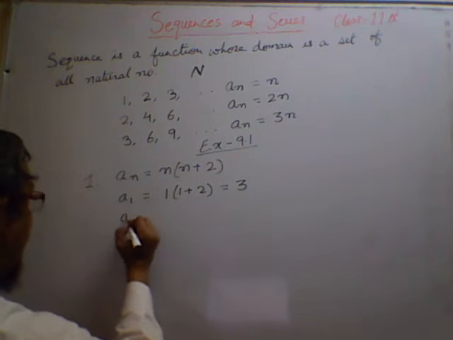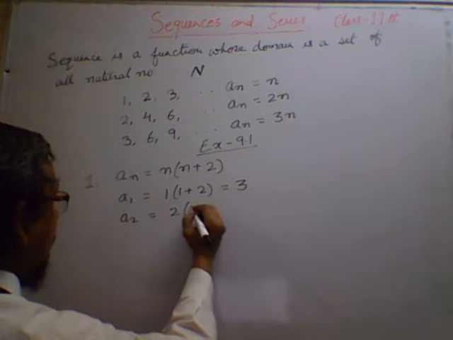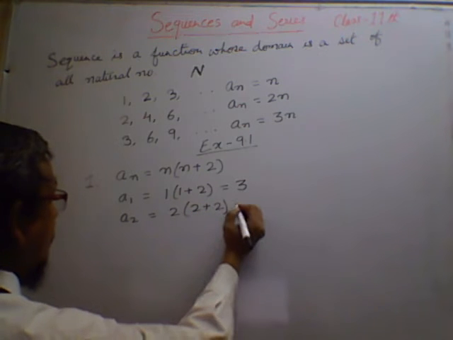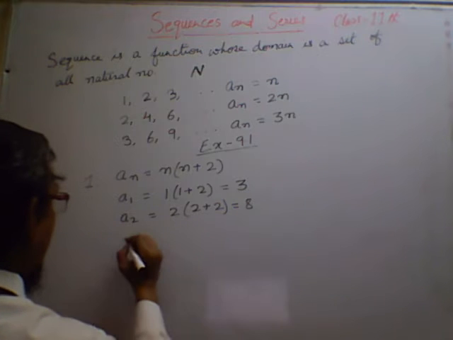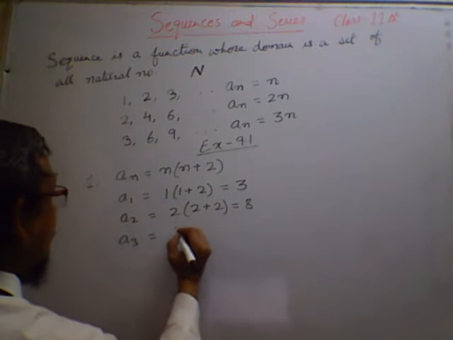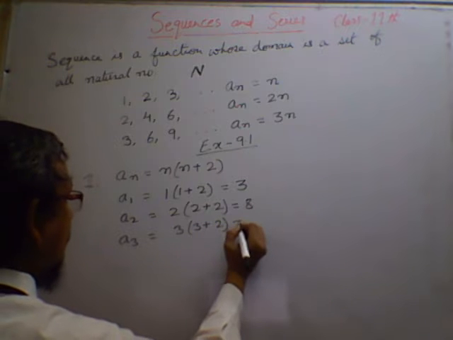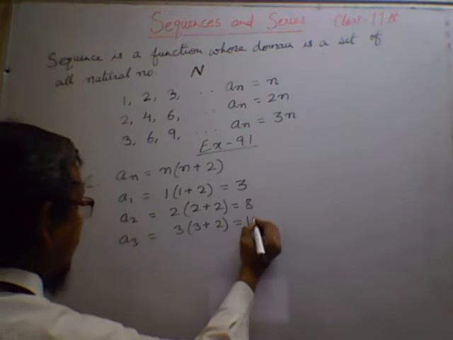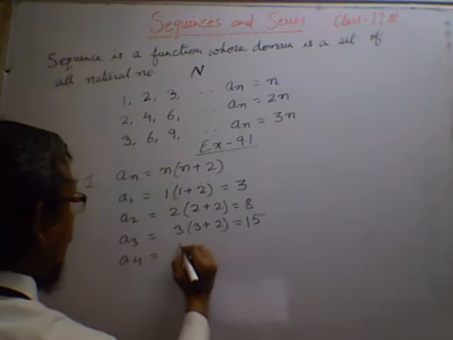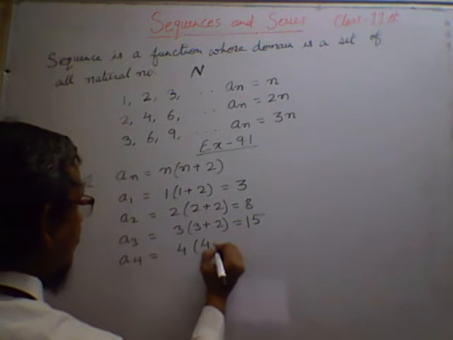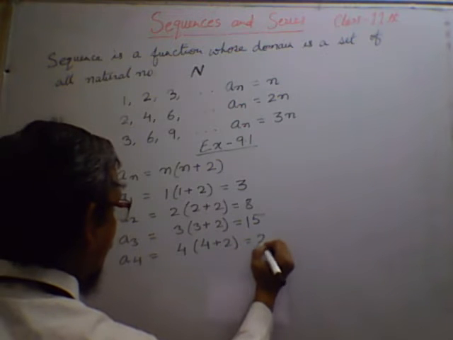In the same way, A2 equals 2 into 2 plus 2. 2 plus 2 is 4, 4 twos are 8. A3 equals 3 into 3 plus 2, 3 fives are 15. And A4 equals 4 into 4 plus 2. 4 plus 2 is 6, 6 fours are 24.